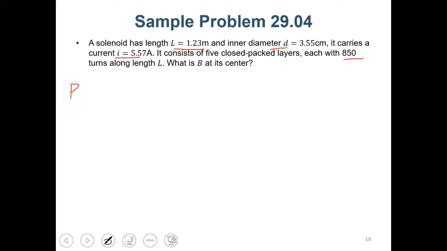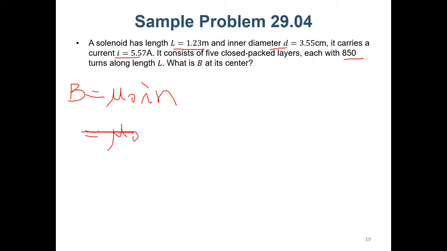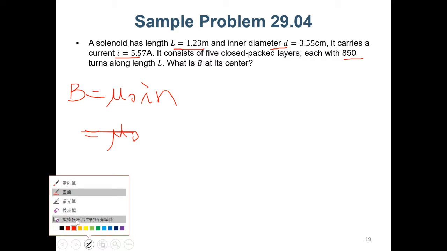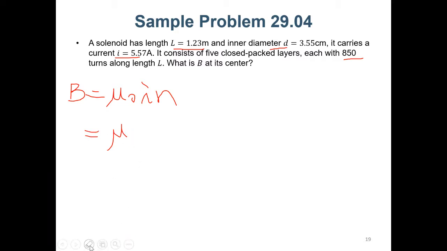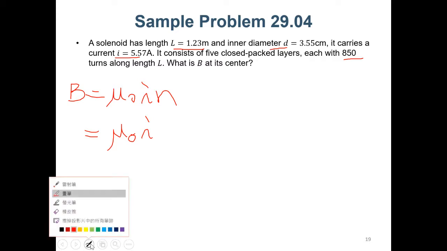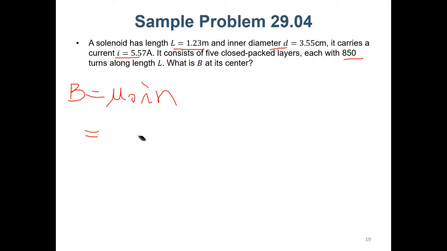So actually, B will be μ0 I n. μ0 is nothing special, it is only a constant. I is already provided there, 5.57 amperes. So what is small n? Oh no, we can directly substitute the numbers in it.